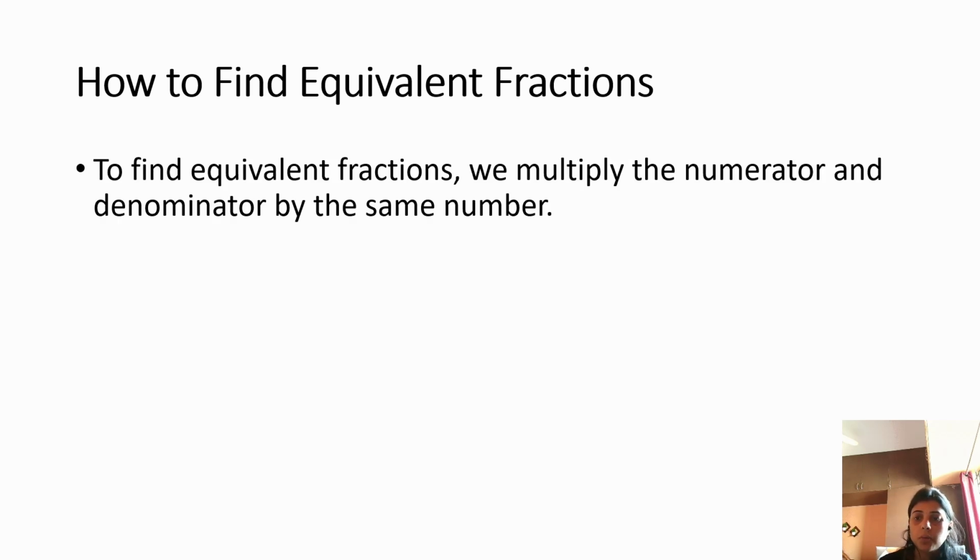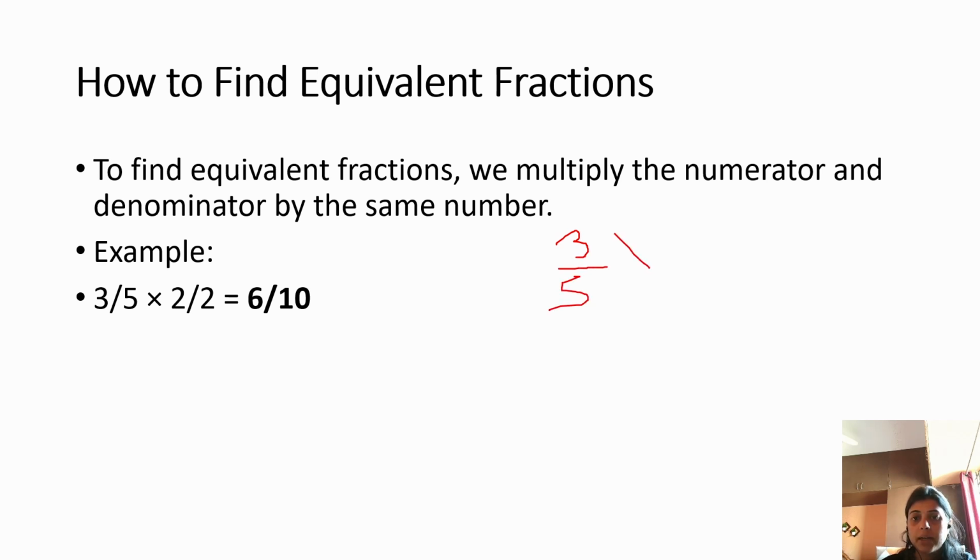To find the equivalent fraction, we multiply the numerator and denominator by the same number. Example, if 3 by 5 is there, the equivalent fraction of 3 by 5 is 3 by 5 multiplied by 2 in both the numerator and the denominator.